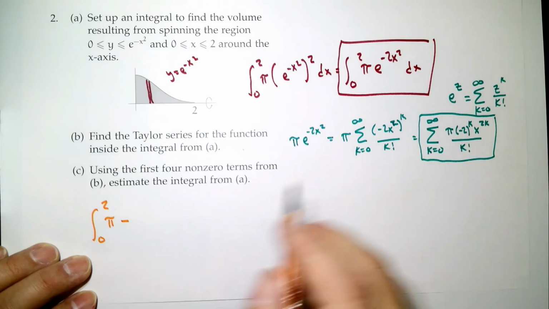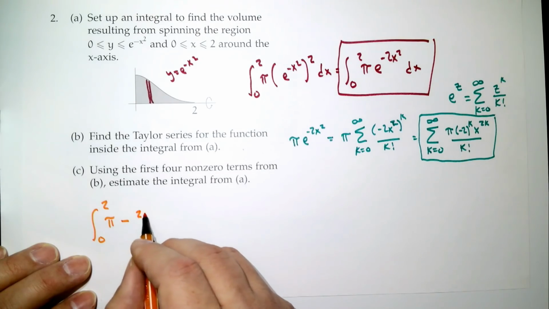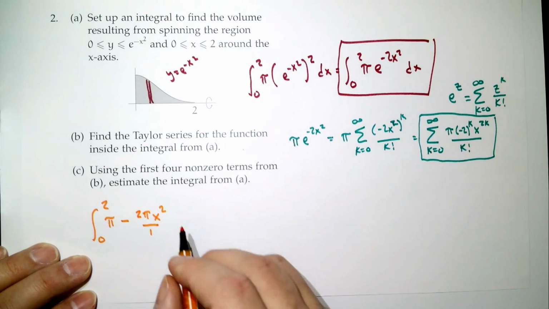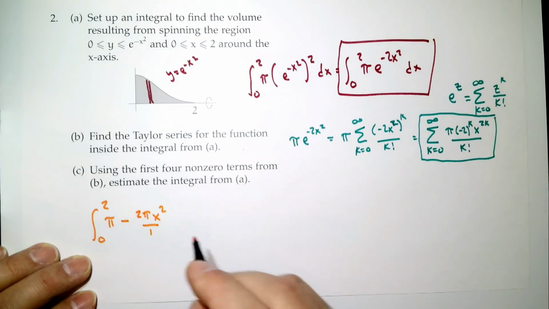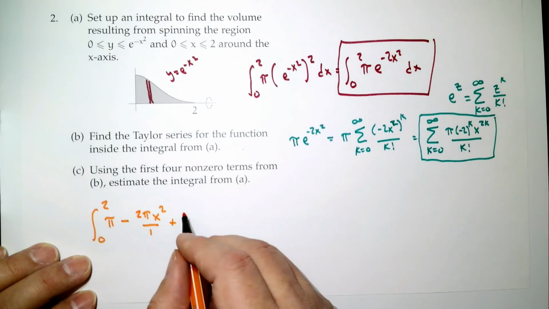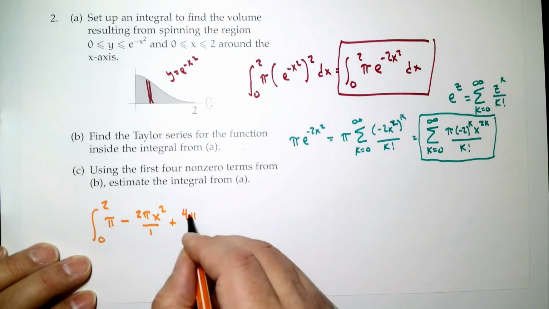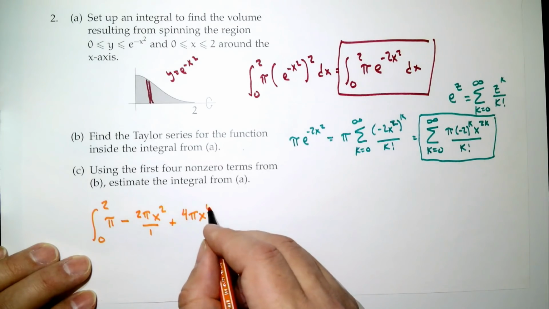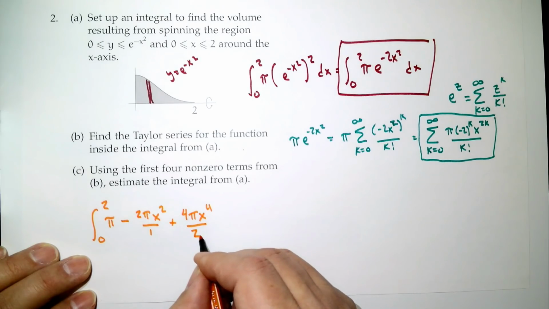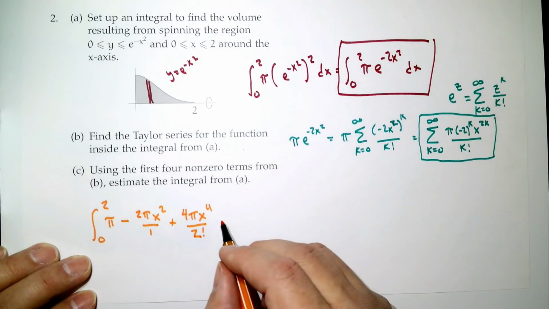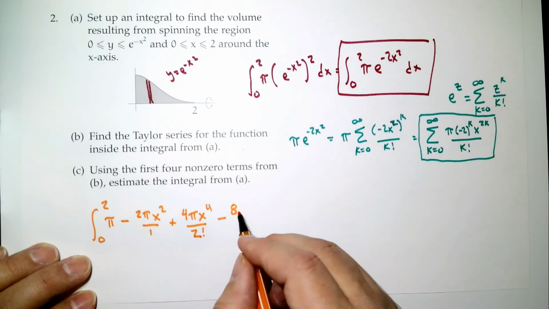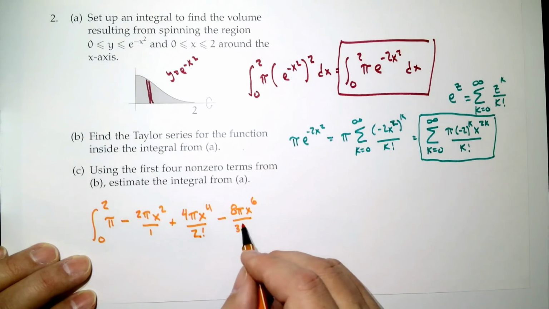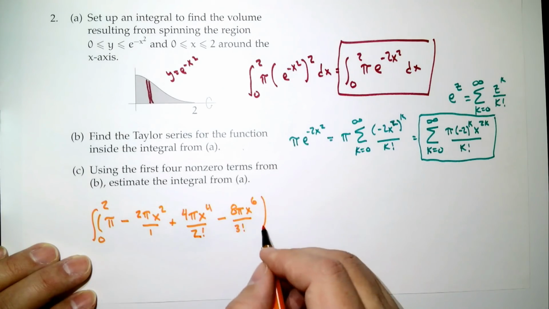I'll have upstairs 2 pi x squared, and downstairs I can write it as 1 factorial. The next term, plus, then I'm going to have 4 pi, because negative 2 squared, that's 4, x to the 4th, divided by 2 factorial, which is 2. Then minus 8 pi x to the 6th, divided by 3 factorial. So that's what I'd get.